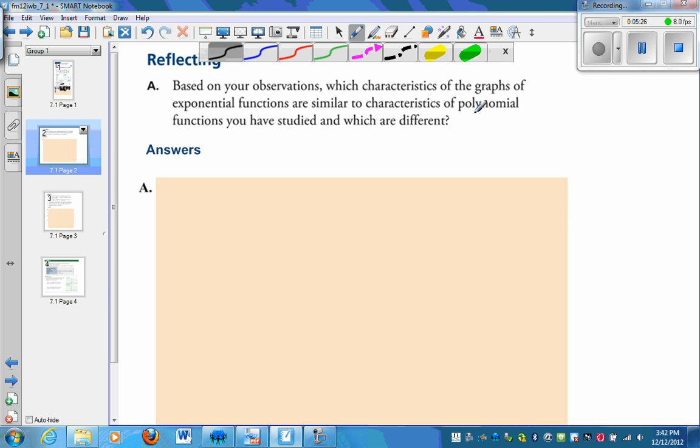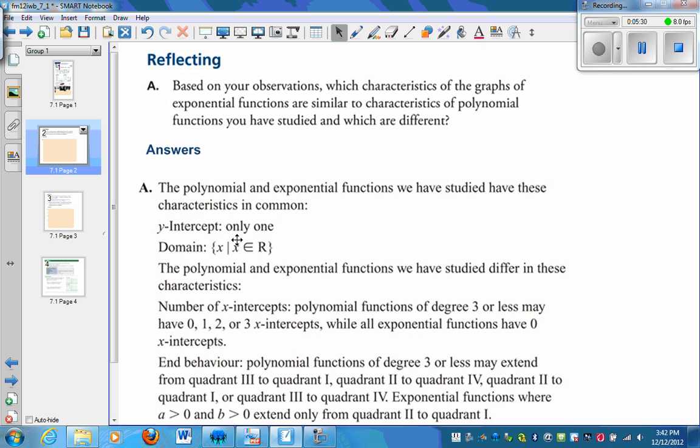What is similar to polynomials and what is different? Okay, let's look at this. These have characteristics in common. Y-intercept only 1. Domain is the same. But they differ because the x-intercepts in polynomials last chapter, we could have 0, 1, 2, or 3, but all exponential functions have no x-intercept.